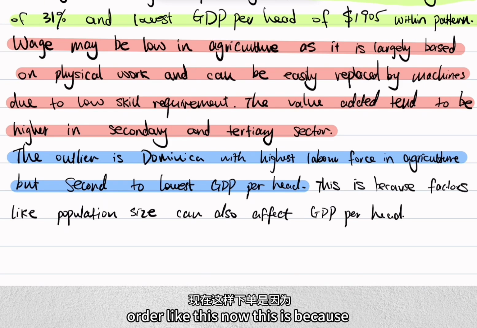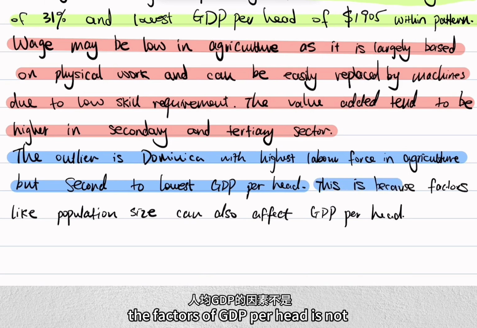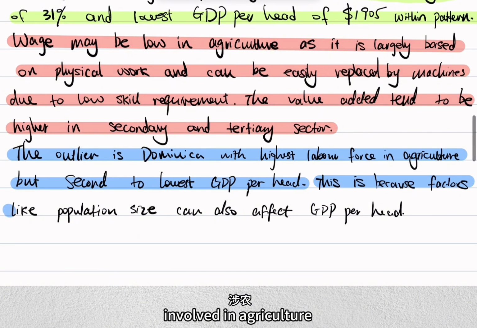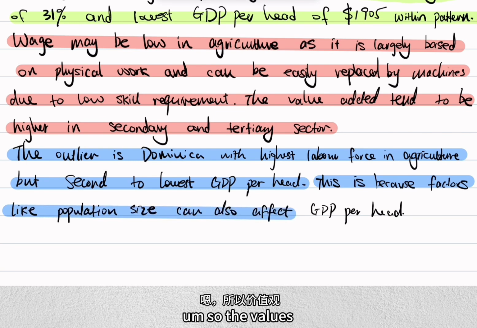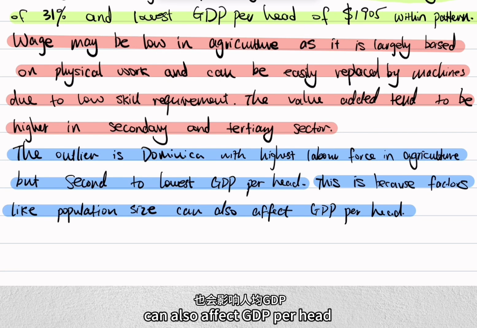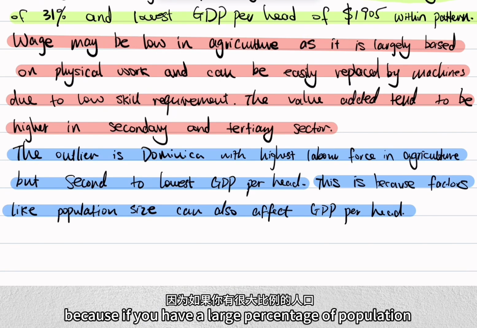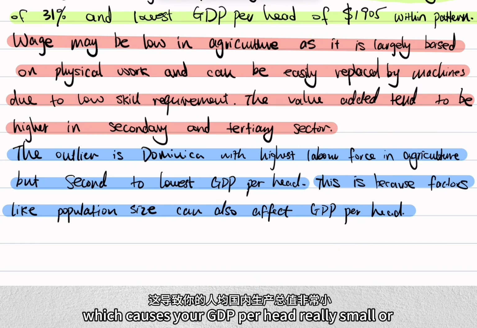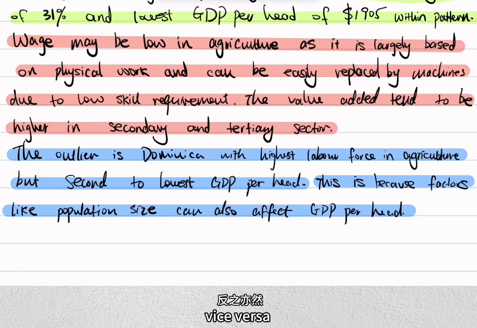This is because GDP per head is not solely based on the percentage of labor force involved in agriculture. Factors like population size can also affect GDP per head, because if you have a large population, it can make your dividend really big, which causes your GDP per head to be really small, or vice versa.